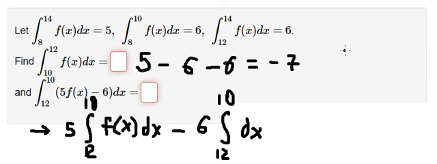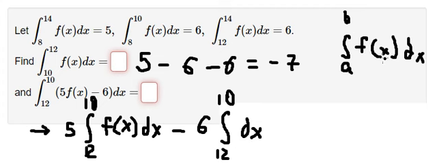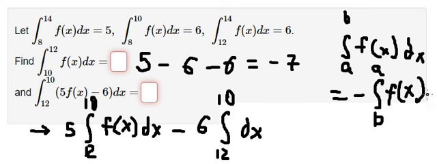We know that we have the formula in here, and this one equals negative the integration from b to a. So we have the integration from number 12 to number 10, but this one is from number 10 to number 12. So that means we need to put a negative sign in here.